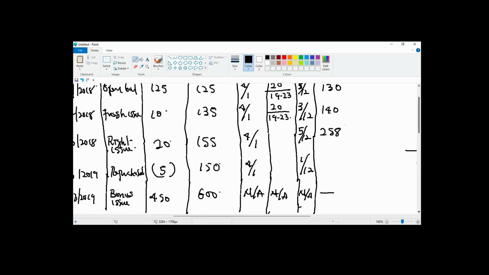Next, 150 times 4 times 1 divided by 12 is 50. That is all.